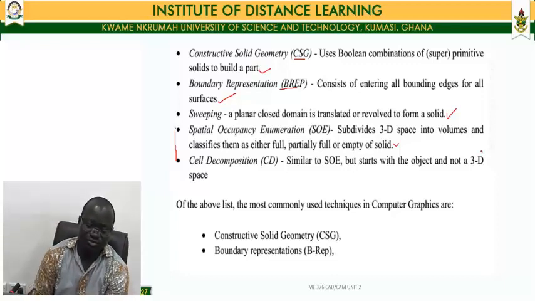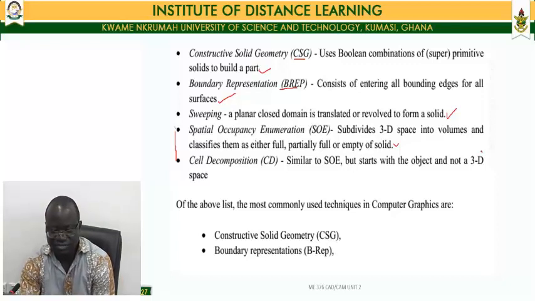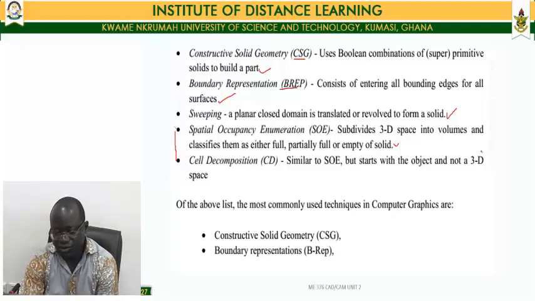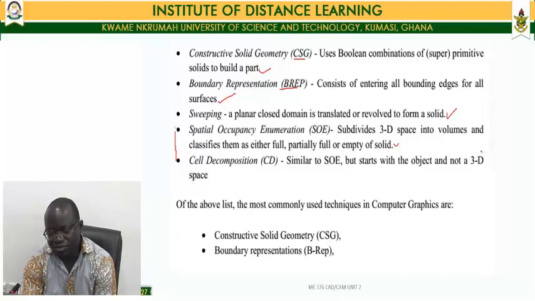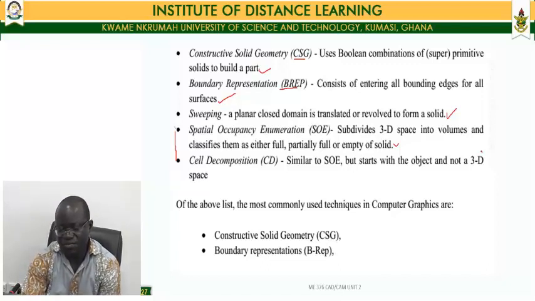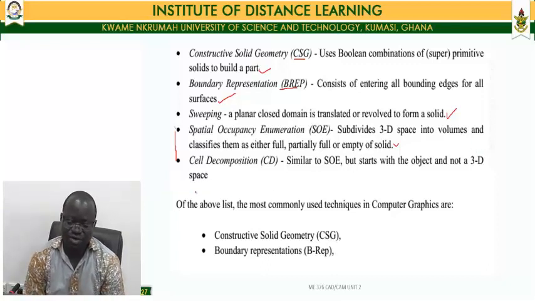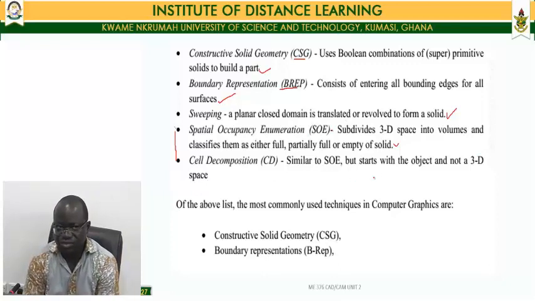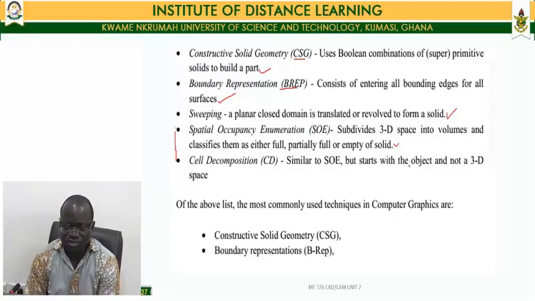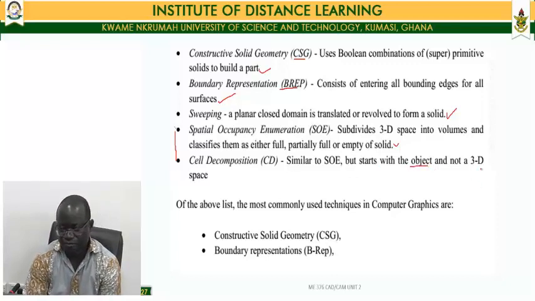And then when it comes to cell decomposition, it is similar to the SOE, but in cell decomposition you start with the object, not a 3D space. That is, sometimes you start by approximating the object and then you start chipping away. Cell decomposition is like sculpturing.